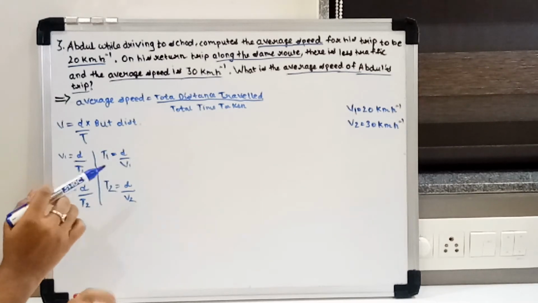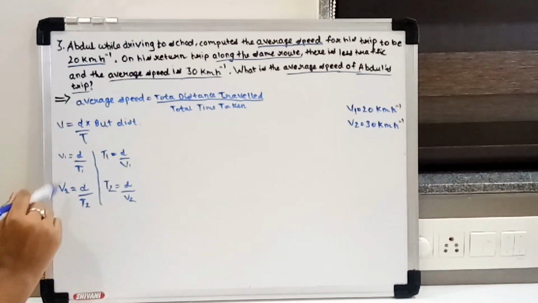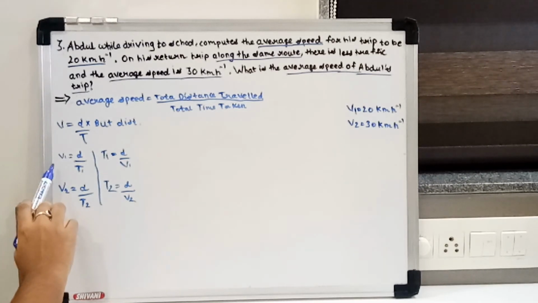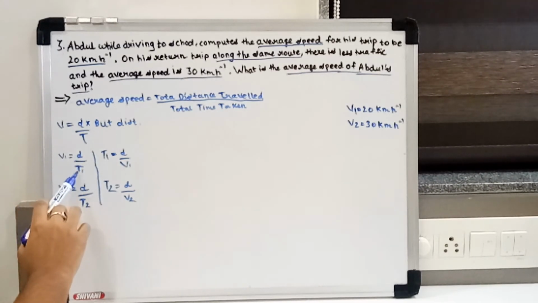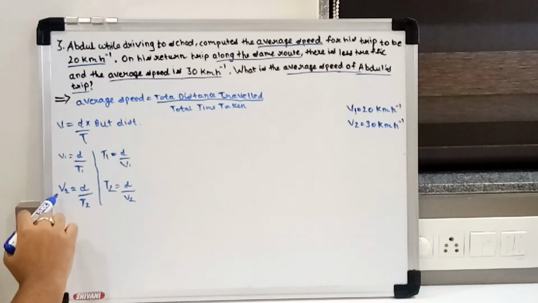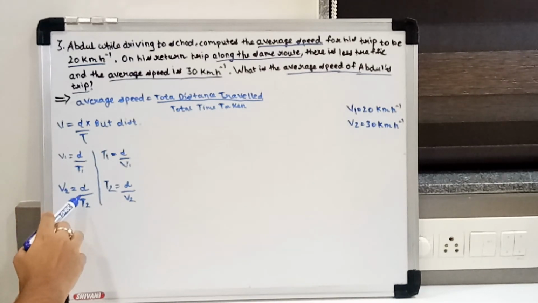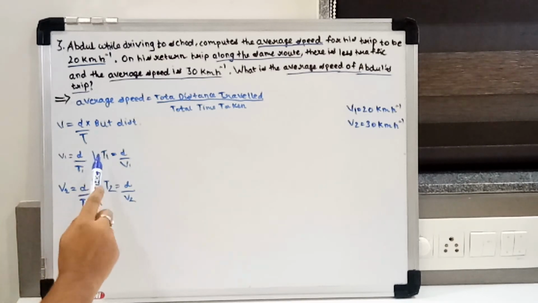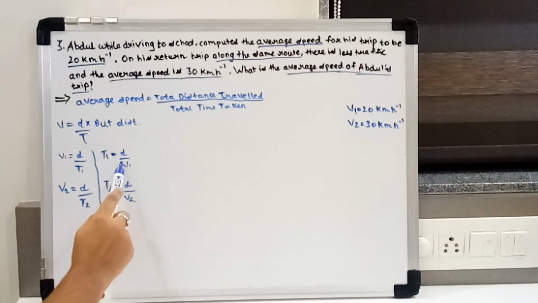Now we have got two velocities, so we have to make formulas for them. For the first velocity, v1 is equal to distance upon time 1, and v2, which is velocity 2, is equal to distance upon time 2. Now for time: t1 is equal to distance d upon v1.